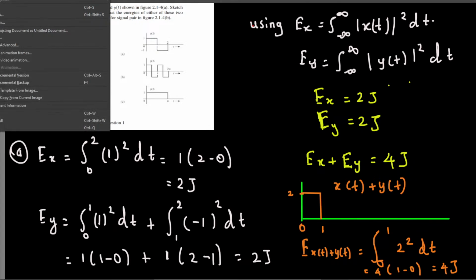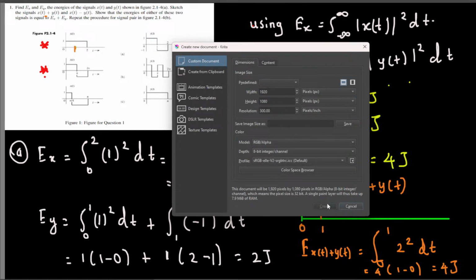You can also make another line here to mention that. Therefore E of x of t plus y of t is equal to Ex plus Ey, which is equal to 4.